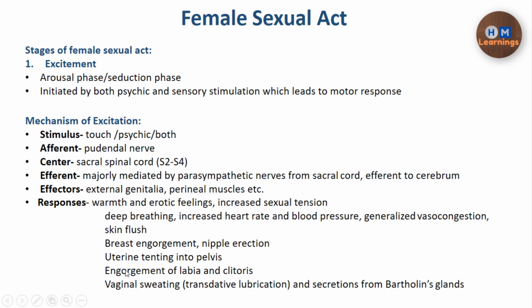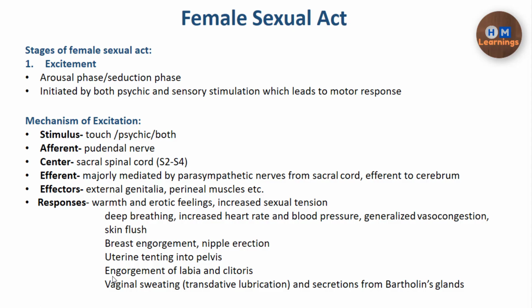So how does it happen? Engorgement means there is an increase in the blood supply to these areas, and there is also lubrication, which is done by increased vaginal sweating, increased vaginal epithelium secretion, and secretions from the Bartholin glands. This is very similar to what happens in the male, which also involves engorgement.